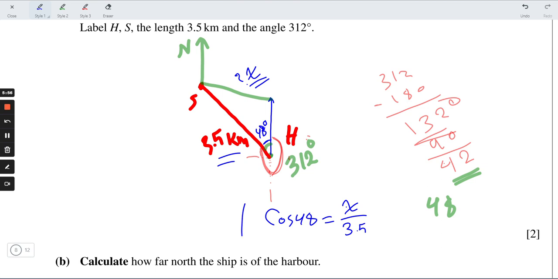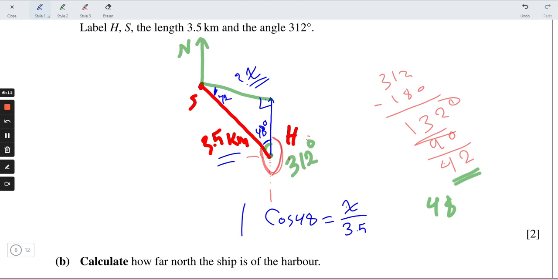Or you can find this angle here, because here is a 90 degree, okay, and here is 48, this will be 42 degrees.